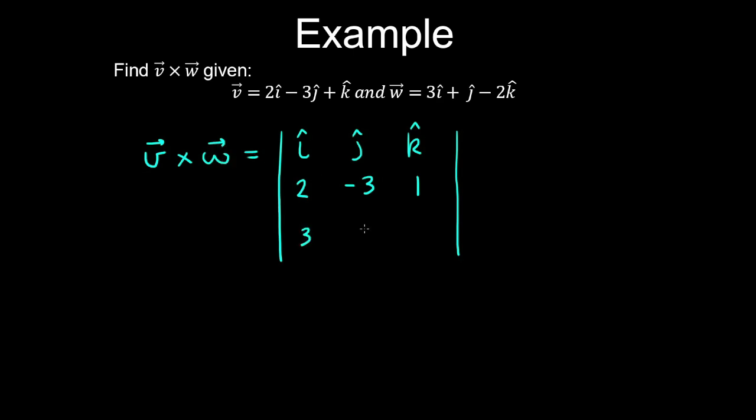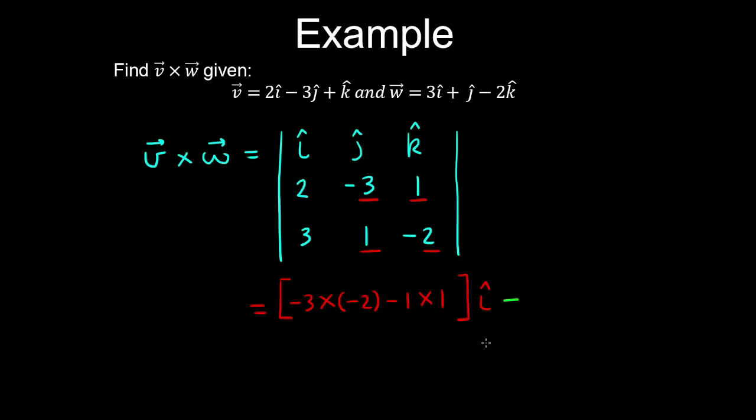So we have 3, 1 and minus 2. So the first component of the resultant vector has i multiplied by the determinant of the minor matrix with the following entries. So we have minus 3 by minus 2, minus 1 by 1.